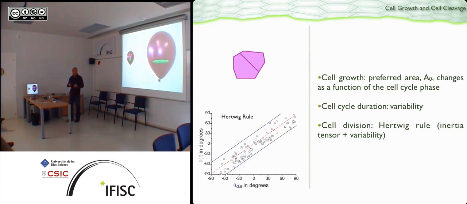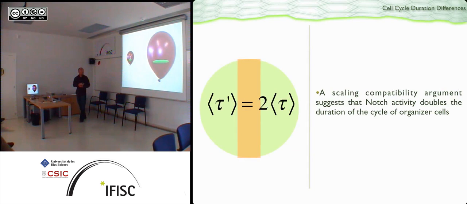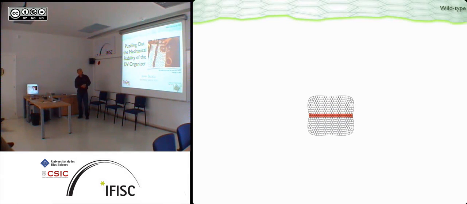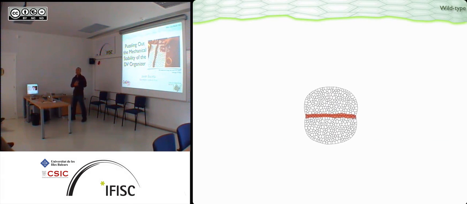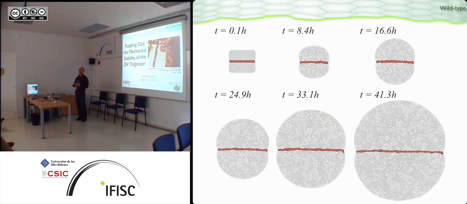So the thing is that we are going to try to understand this particular sample in a real biological context, and this is what I'm going to talk about. So the title of the talk is Puzzling Out the Mechanical Stability of the DV Organizer, and what I'm going to show you is what a DV is and what DV means. DV means dorsal and ventral, and that is a particular region in a tissue.